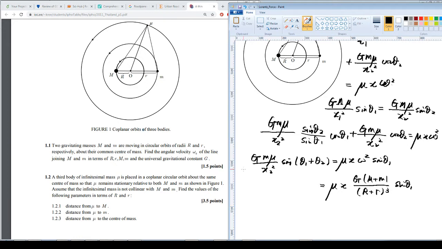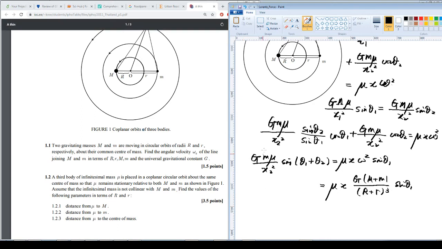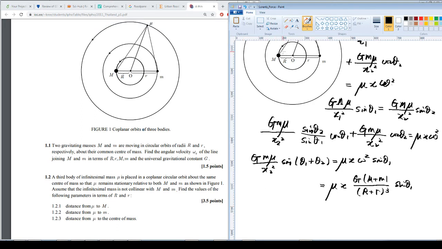And the law of sines indicates, I think we should label these angles as well: alpha 1, alpha 2. Sine alpha 1 over x is sine theta 1 over big R.